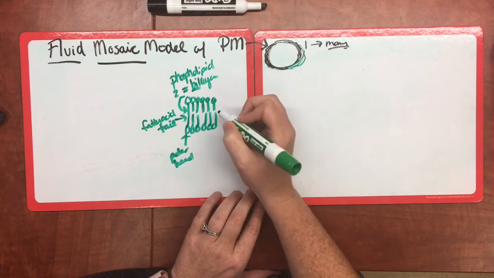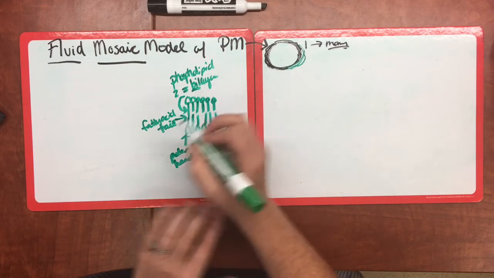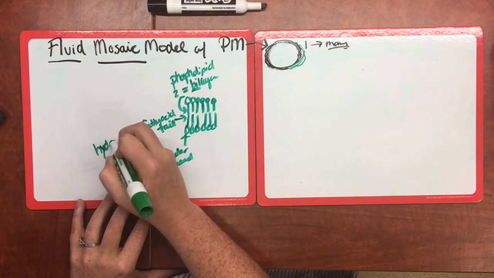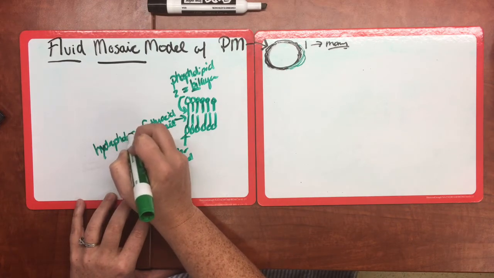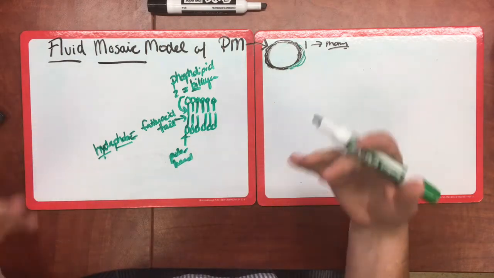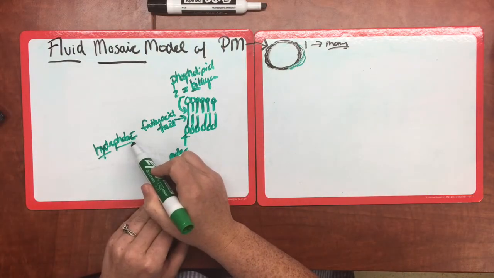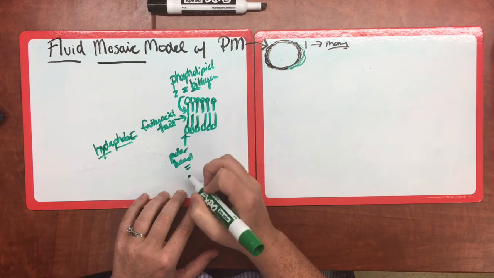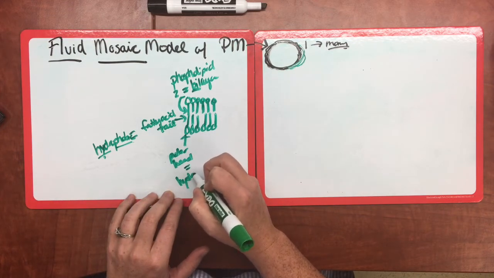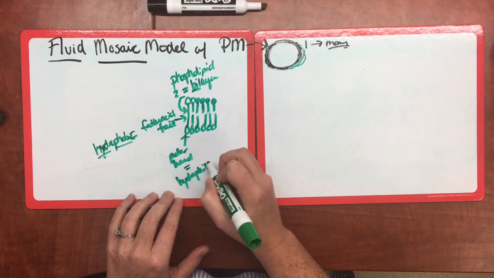okay? So the sides that face in, they are what we call hydrophobic. Hydro meaning water, phobic meaning scared of or fearing, so water fearing, okay? The polar heads are hydrophilic.